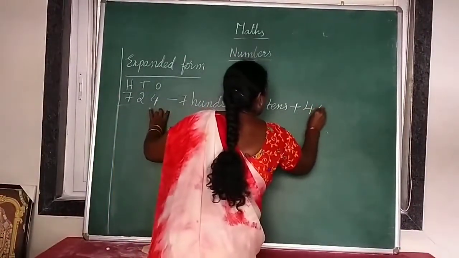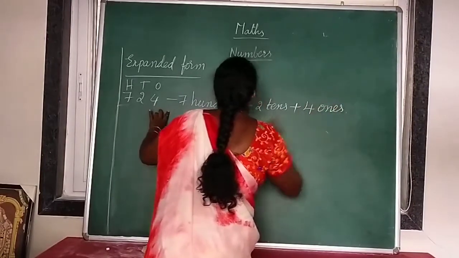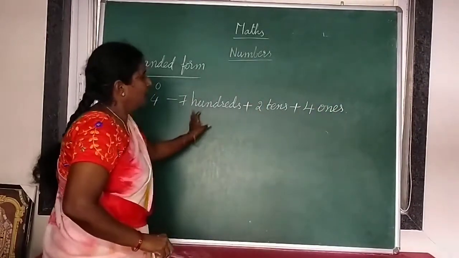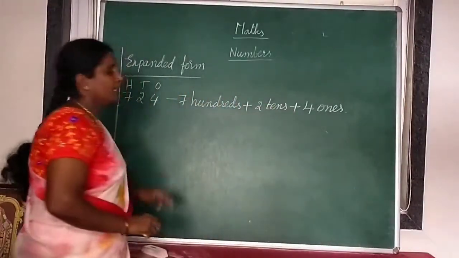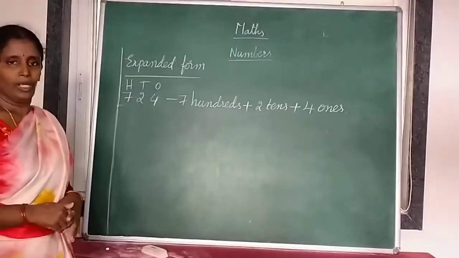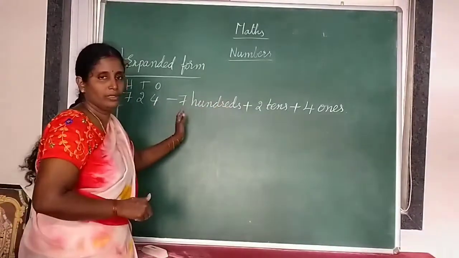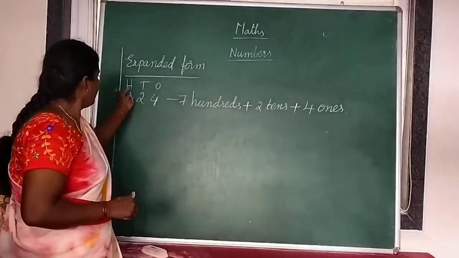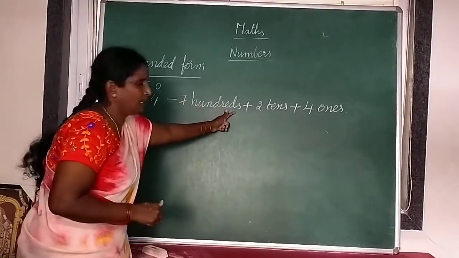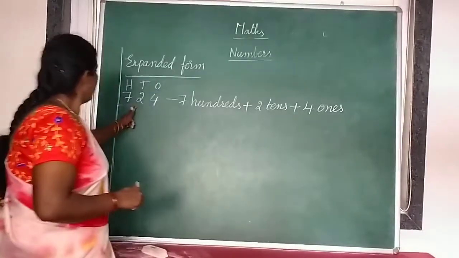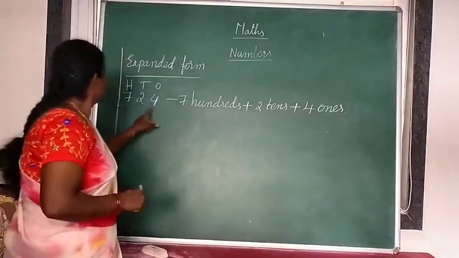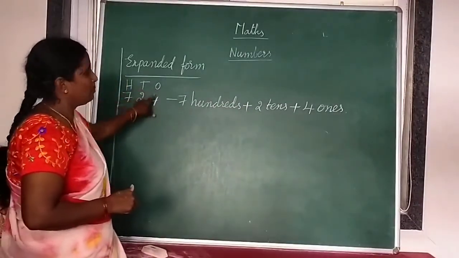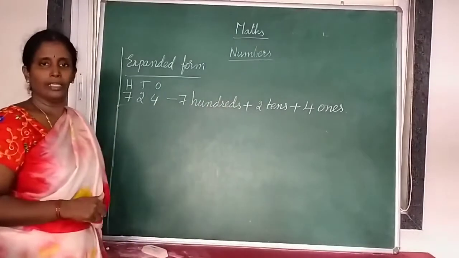So 4 ones. We are writing the place values, adding the place values of each and every digit in the given number. Understood? 7 in hundreds place, so 700s, plus 2 in tens place, so 2 tens, plus 4 in ones place, so 4 ones. That's all.